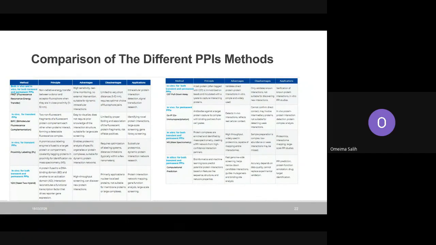So we are testing the network mapping, which is testing the gene function based on the transcriptome production. This is why we use the yeast, because yeast has different types of genes that need a combination of proteins to combine together to activate a gene to be transcribed and then translated.